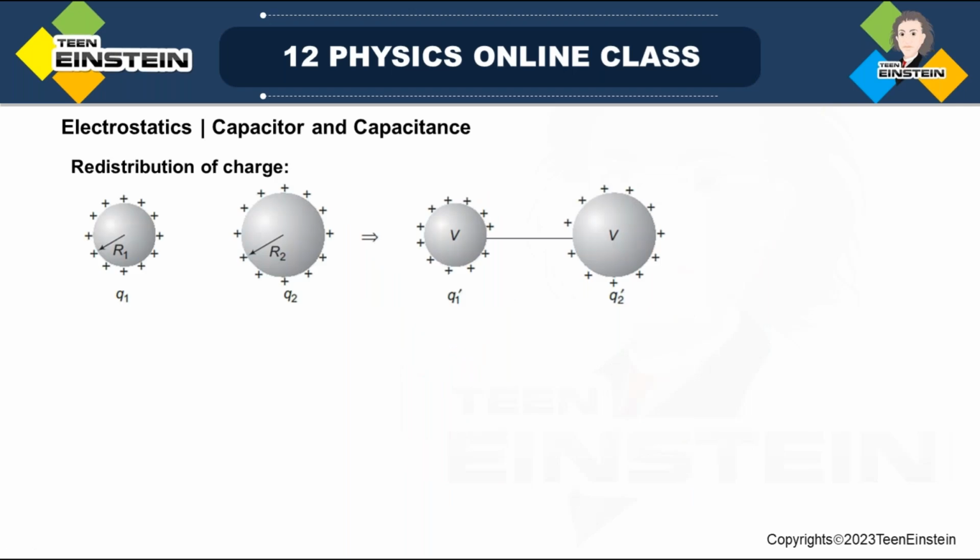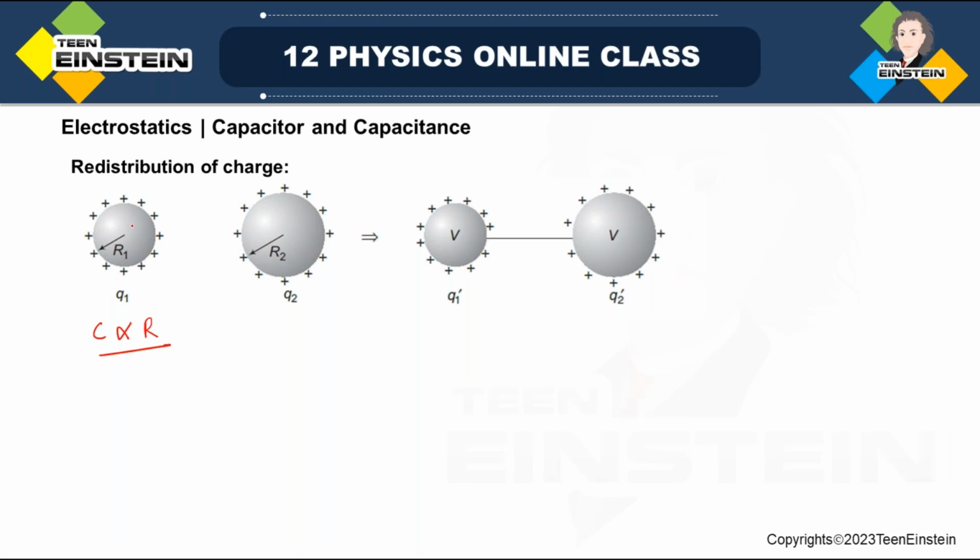Similar thing happens if you have two capacitors. Suppose these are two spherical capacitors, with radii R1 and R2. You know the capacitance is directly proportional to R in the case of a spherical capacitor. So this has less capacitance and this has more capacitance.